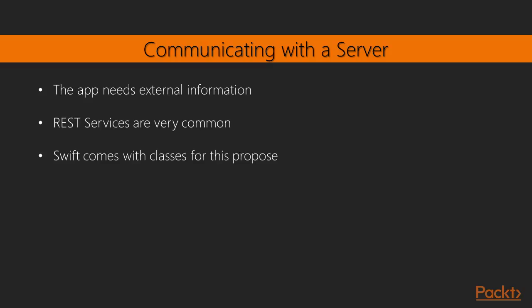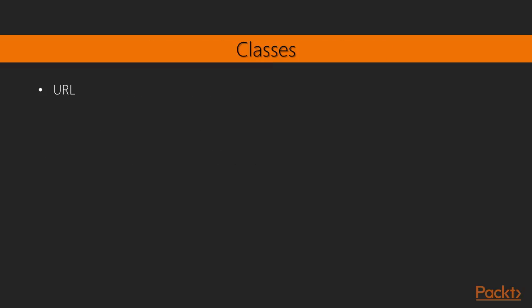Swift comes with a few built-in classes for this purpose. However, there are many third parties to help us with these kinds of tasks. Which classes do we need to do HTTP requests? There are a few of them. First one we need to know is URL, which represents a full URL with its protocol, domain, path, and query, like http://www.packtpub.com.